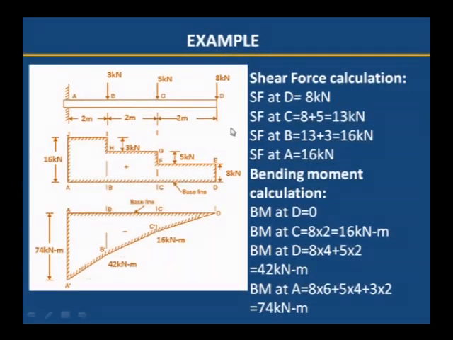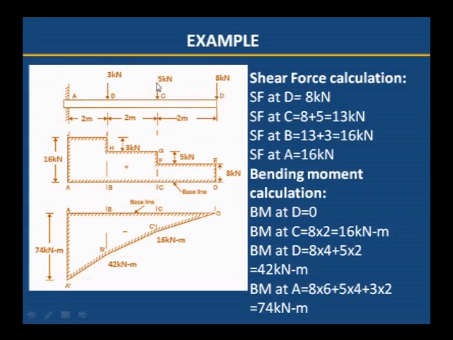Let us take one simple example to understand the bending moment and shear force calculation. This is a cantilever beam carrying 3 kilonewton at a distance of 2 meter from the support, 5 kilonewton at a distance of 4 meter from the support, and 8 kilonewton at a distance of 6 meter from the fixed end.